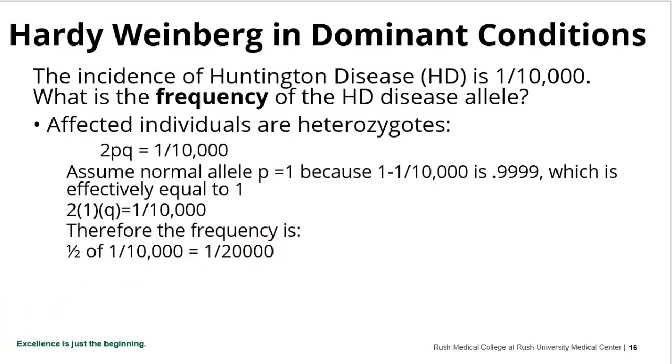And it doesn't matter what disease we're talking about. If they say disease whatever, it doesn't matter anything about that disease. Just think, okay, is it recessive or dominant? If they're giving you q squared, if it's dominant, we want to figure out 2pq.